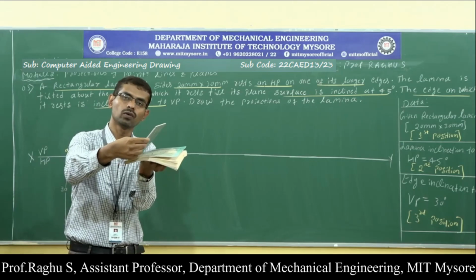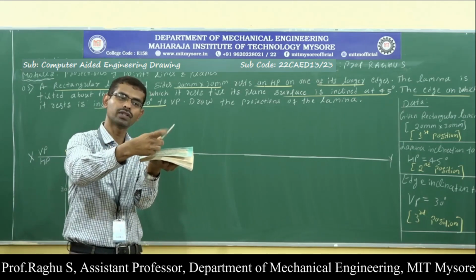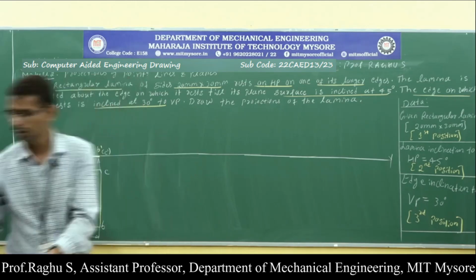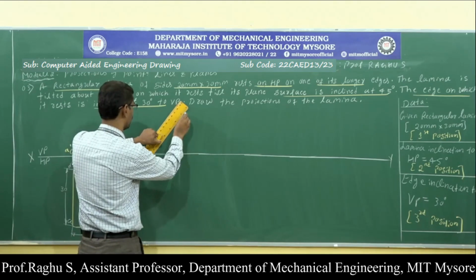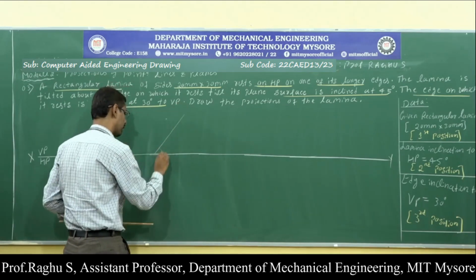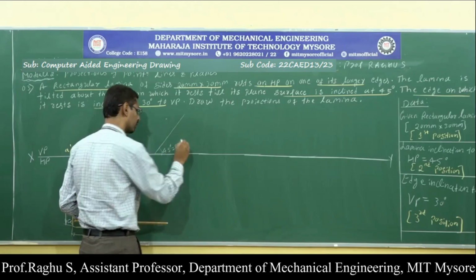Now you are the observer, so you are going to see the inclination along with this line. Now draw a 45 degree line with respect to HP.